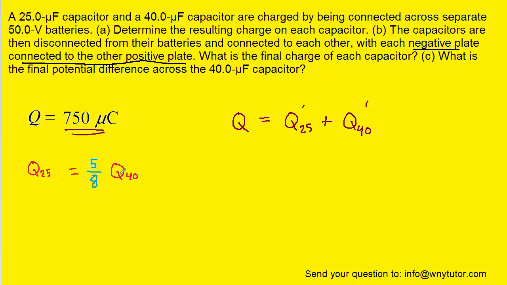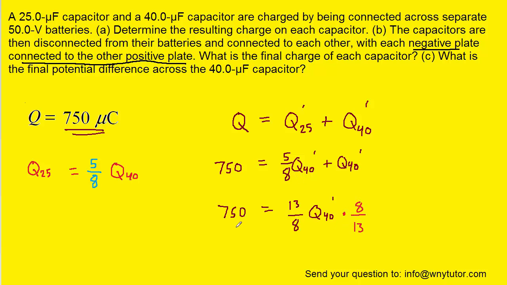So what we can do is substitute in 750 microcoulombs here, and then since Q25 is equal to this expression, we can substitute that expression in for Q25. We can add these two like terms together, and then if we multiply both sides of the equation by 8/13, we're going to be able to solve for Q40.